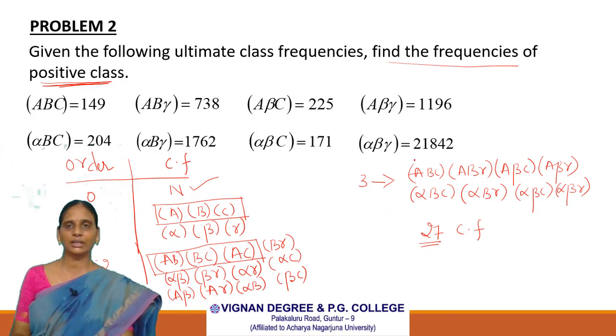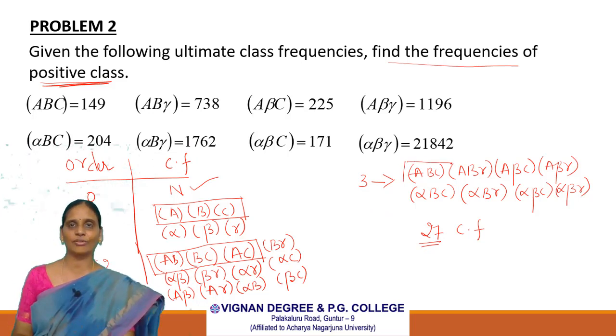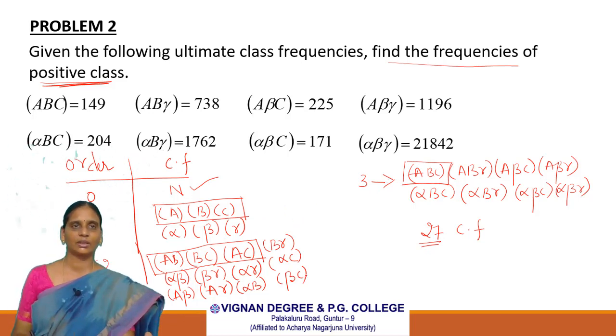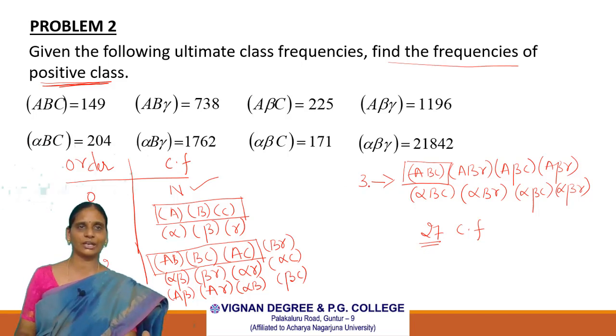In the third order, the positive class frequency is frequency of ABC. And the remaining frequencies are negative frequencies and contrary frequencies. So in this problem, we have to find out only positive class frequencies.